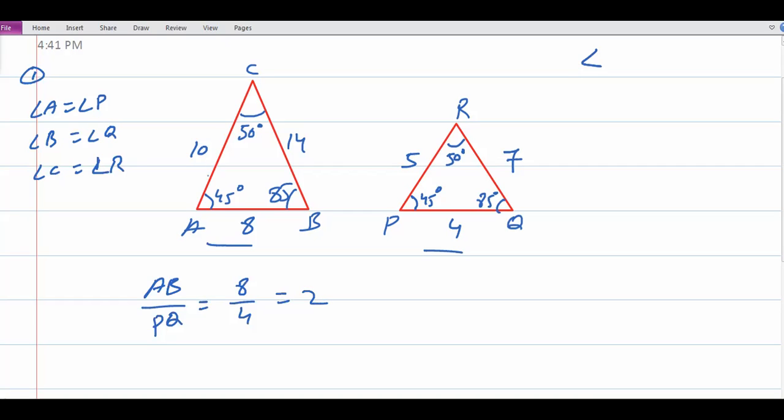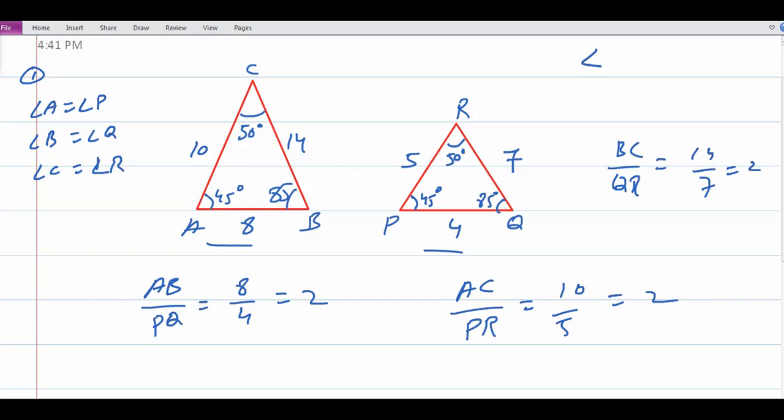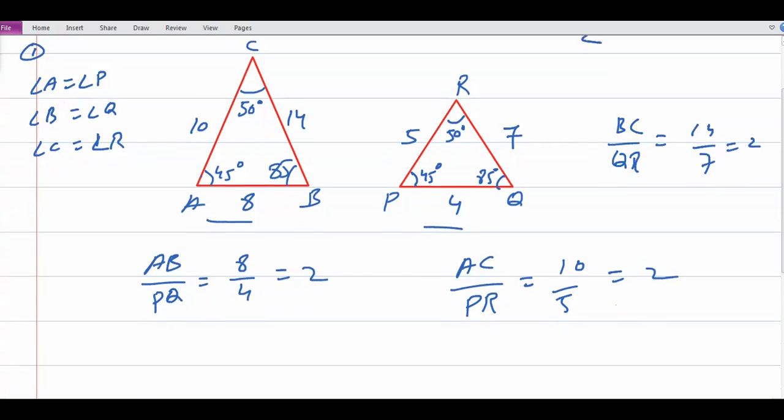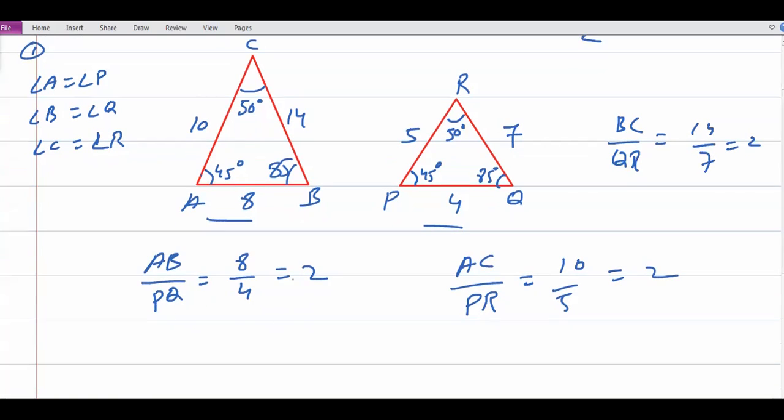Then AC and PR are corresponding: 10 over 5, which is also 2. Then BC over QR is 14 over 7, which is also 2. So the ratio of corresponding sides is also equal.